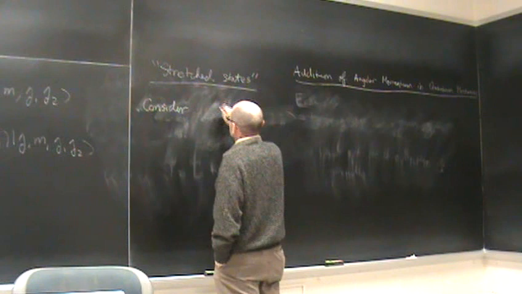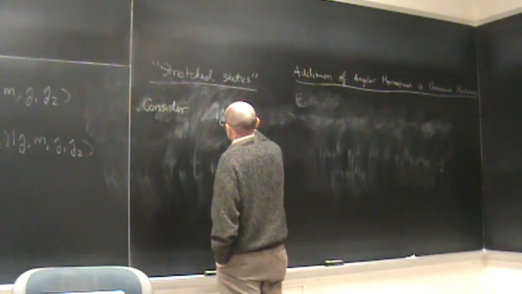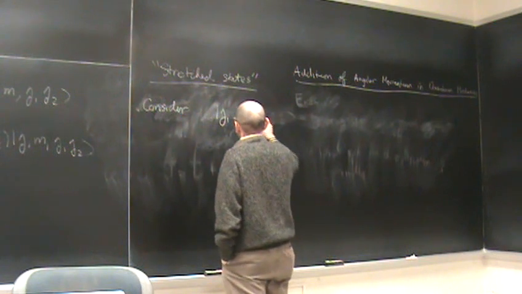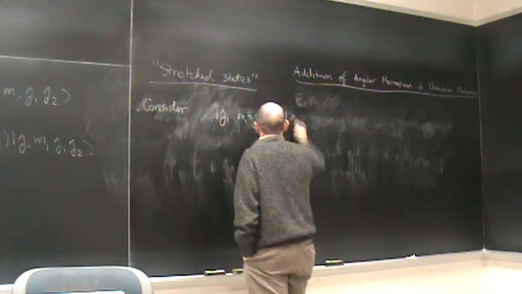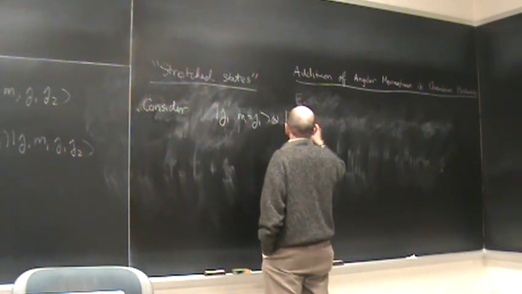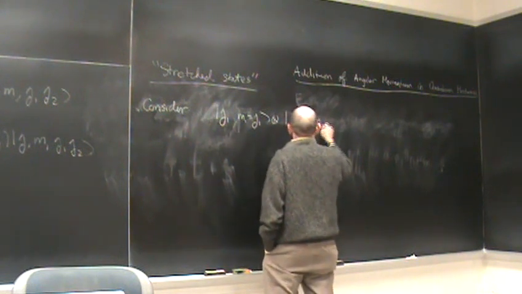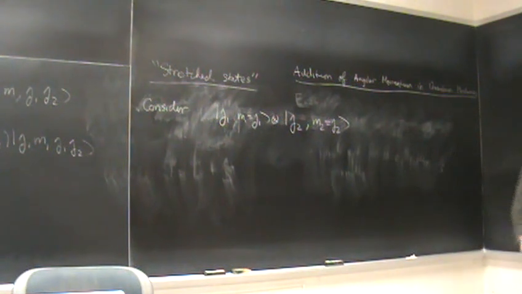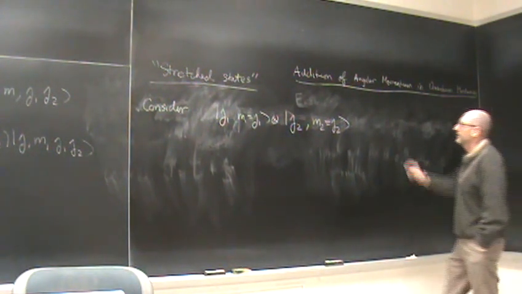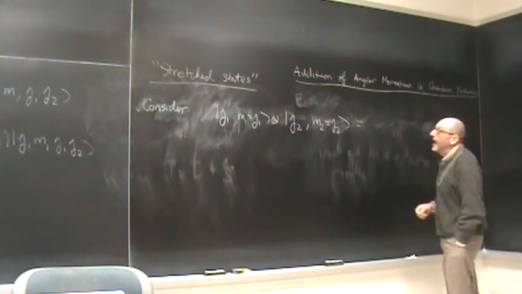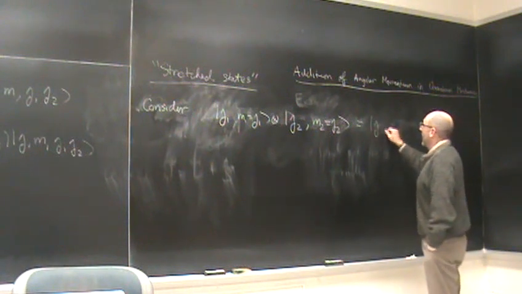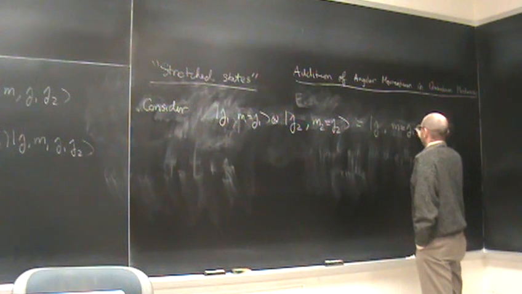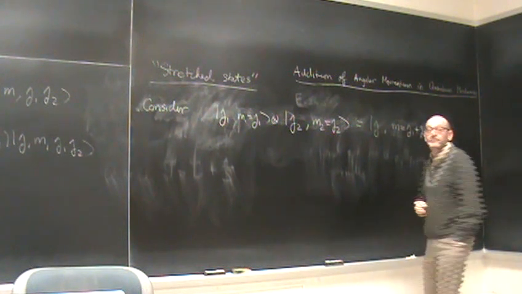So let's consider the state, which is the product state with the maximum projection on each. Okay. That state has a total M that is equal to the sum of these guys, right?